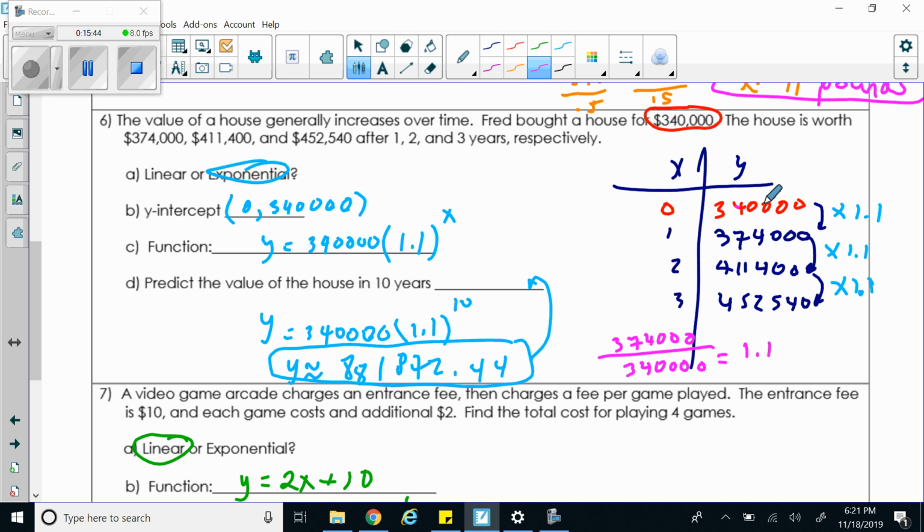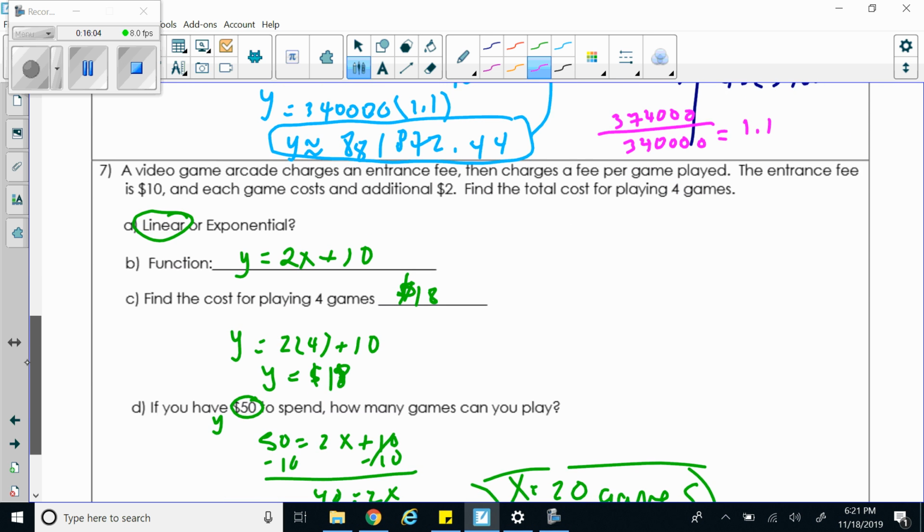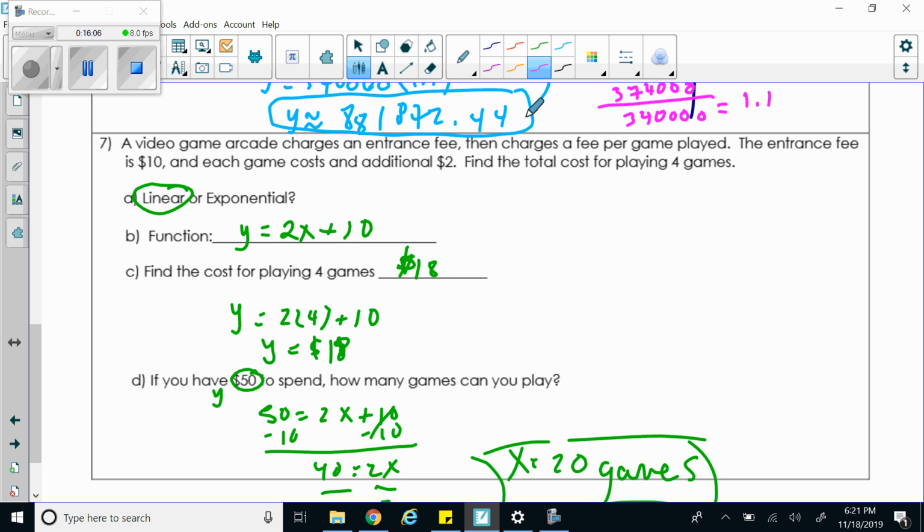Hey, is 340,000 times 1.1 give me the next number? Take that next number, multiply it by 1.1. It is. So that's what you got to do. You take a previous number and divide it by the one before it. So when you use that 1.1 for 10 years, x equals 10. That's how you get that answer of 881,872.